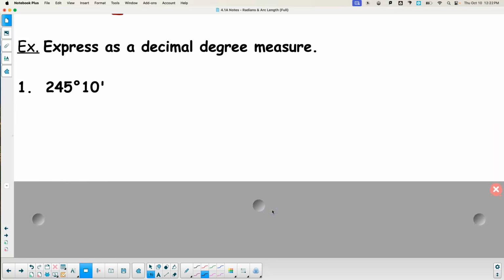Okay? So this is saying 245 degrees, 10 minutes. This part gets locked in. So my answer is going to be 245 point something.